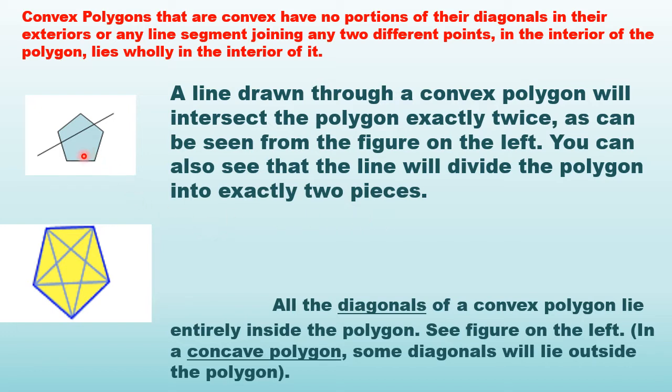As you can see, one piece is here and the other piece is that side. So this polygon is divided into two pieces by this line segment, and this line segment is cutting the polygon only at 2 points. Then it is a convex polygon.